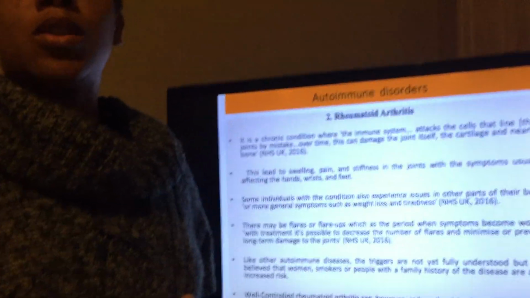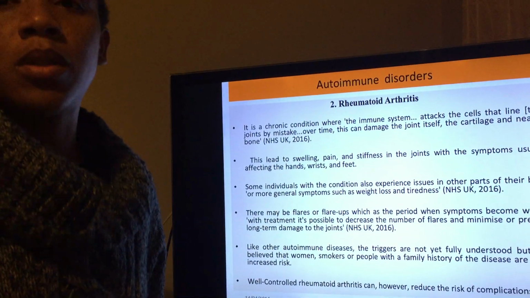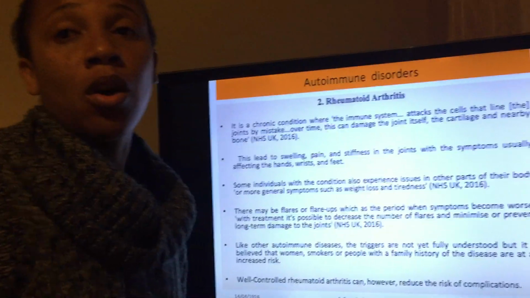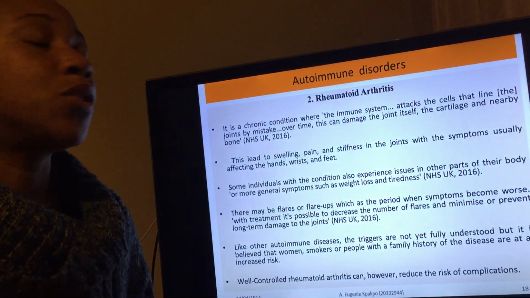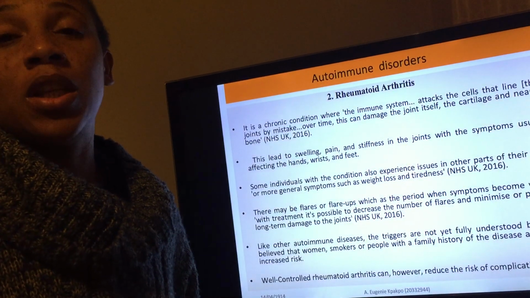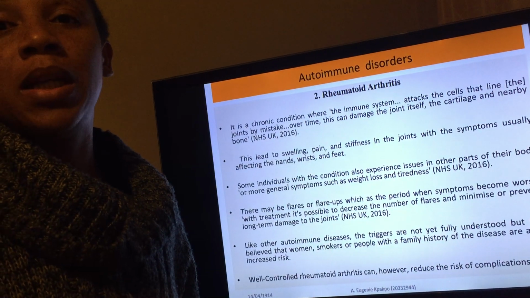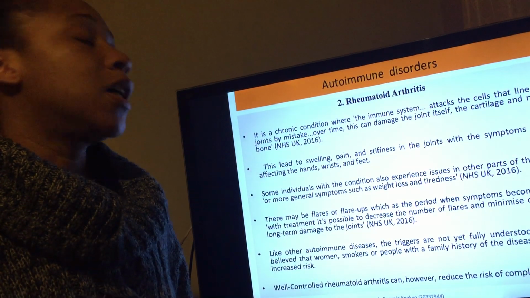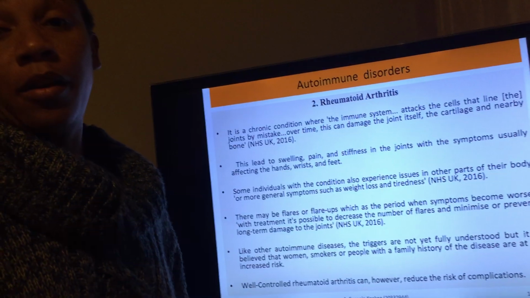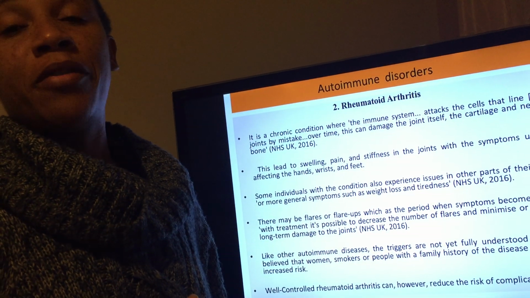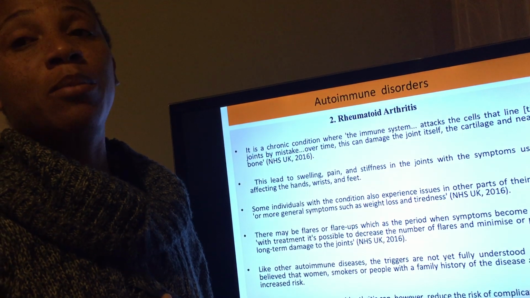Rheumatoid arthritis is also a condition where the immune system attacks the cells that line the joint. Over time, this can damage the joint itself, cartilage, and nearby bone. Symptoms are swelling, pain, and stiffness in the joint, and it affects the wrists, the feet, and the hands. There may be flares. These are periods where the symptoms get worse.